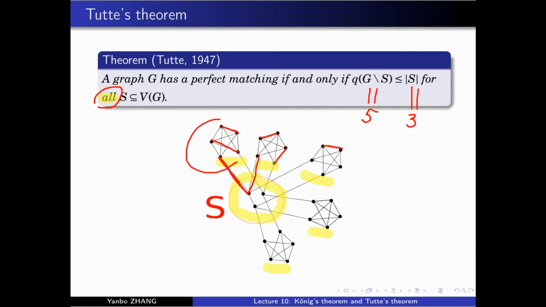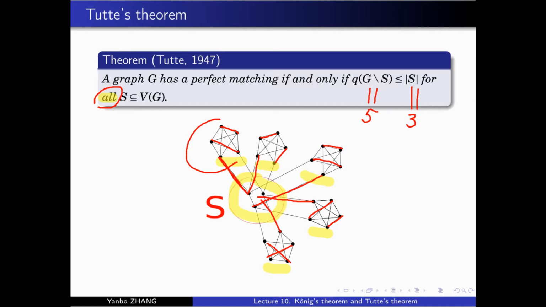This component, we need to send an edge to S, and this component, we need to send an edge to S. This component, we need to send an edge to S. So we have sent 5 vertices to S. Because the edges in the matching are disjoint, S should have at least 5 vertices.